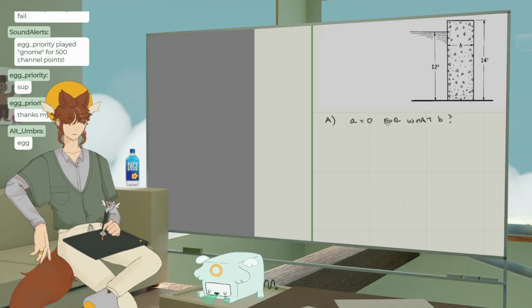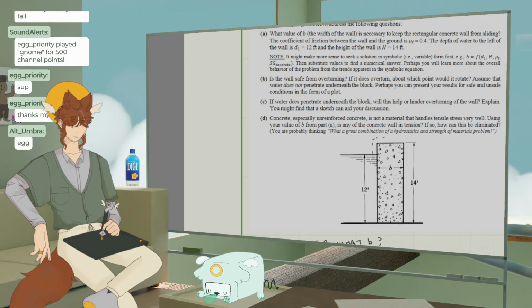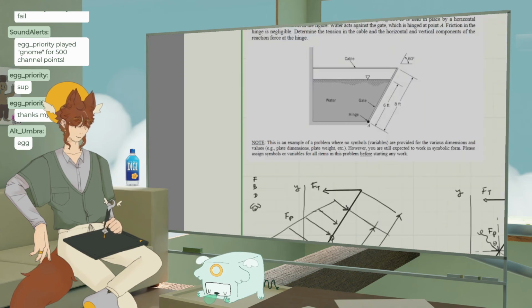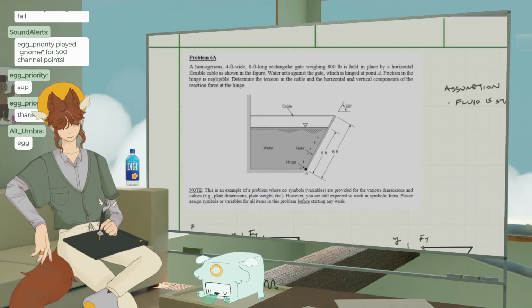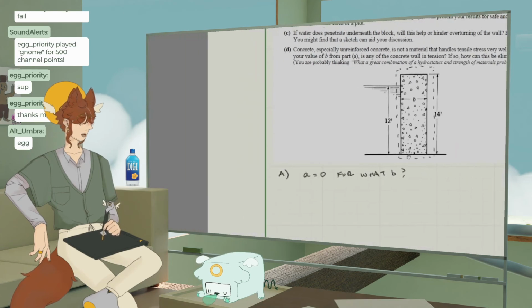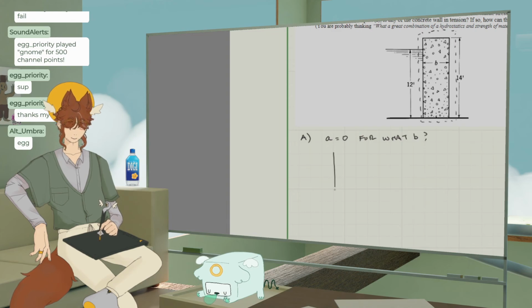Oh, he also wanted us to do this. There we go, that's my free body. I really don't think that's super necessary at this point, but I can see where it could be necessary, so I'll humor him.